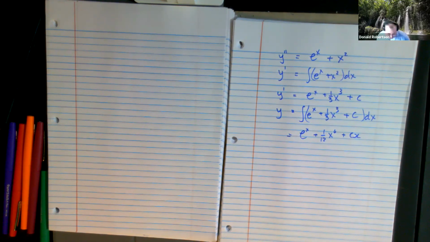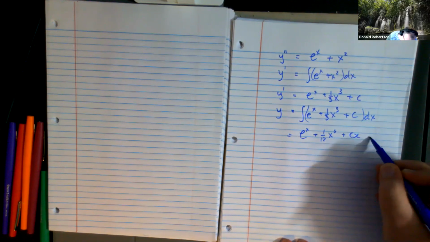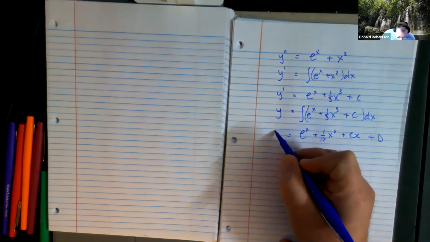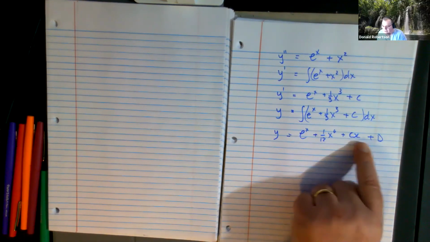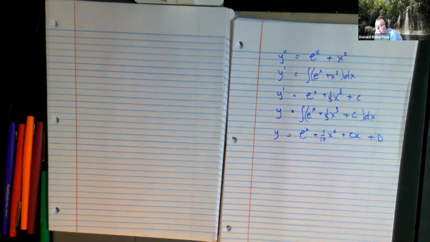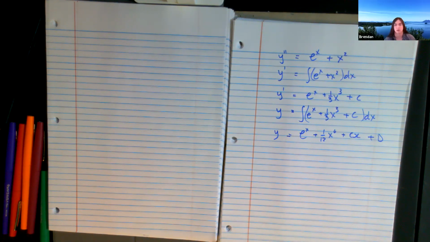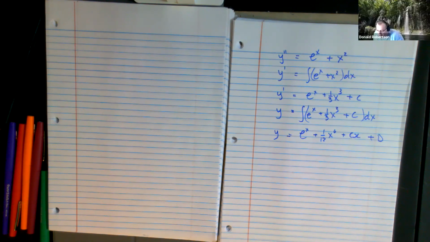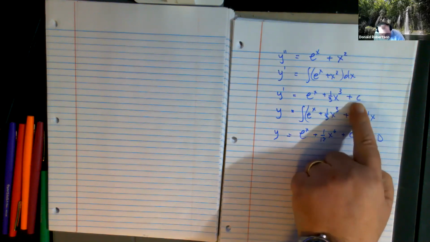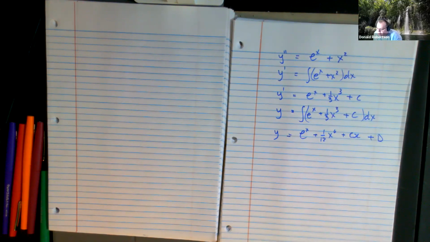Well, you can't finish with a plus c because it's used, so you finish with a plus d. Why am I making these two different letters of the alphabet? Because they might have different values. Exactly. An arbitrary constant could be 10, but this is 50, right? Could happen. So that is the end of that question.